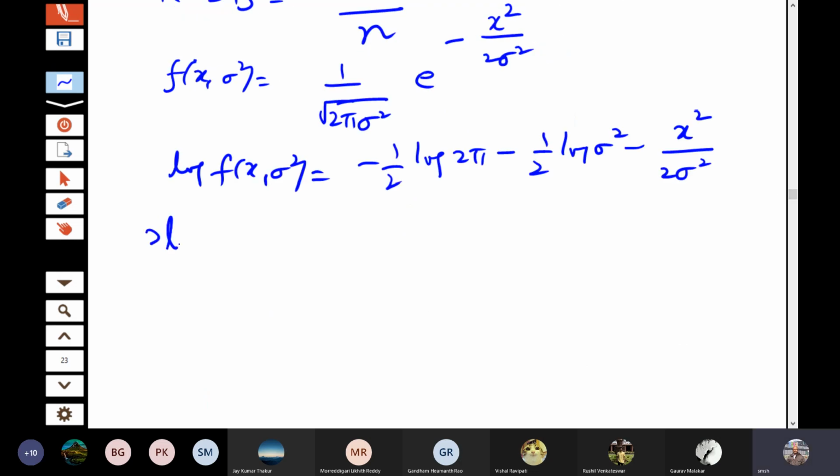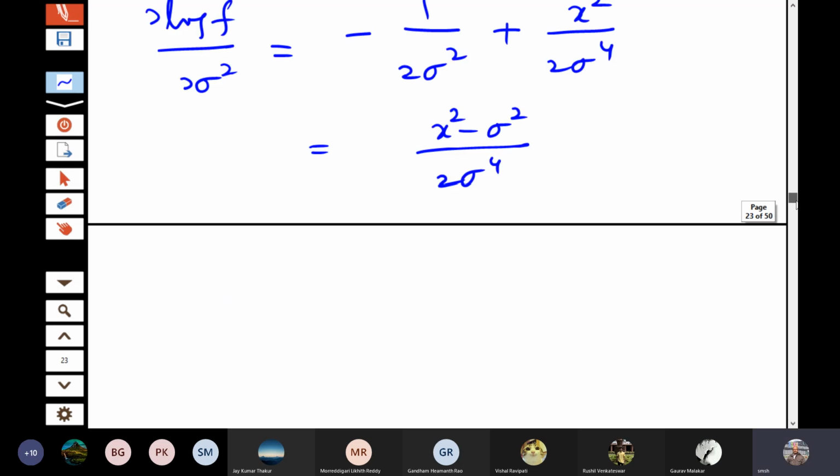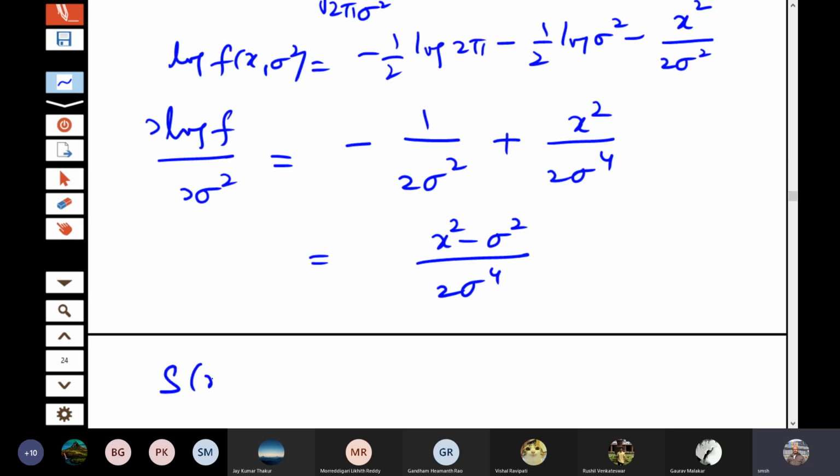If I consider del log f by del sigma square, that is minus 1 by 2 sigma square plus x square by 2 sigma to the power 4. That is equal to (x square minus sigma square) divided by 2 sigma to the power 4. So if I write down S_x(sigma square), that is sigma of (xi square minus sigma square).